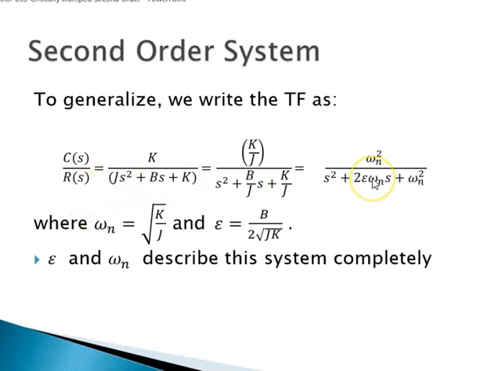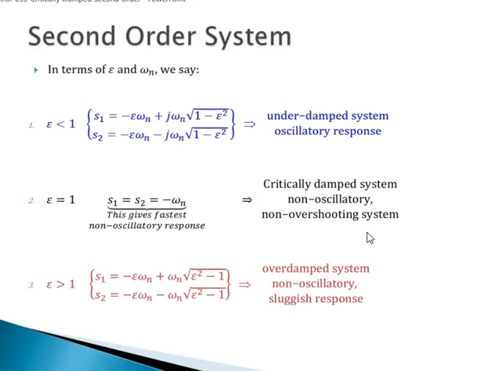And we said we can generalize it by defining a natural frequency and damping ratio. Damping ratio is the ratio of actual damping present to the critical damping. This 2 root jk is critical damping. We saw that epsilon and omega n describe the system completely.